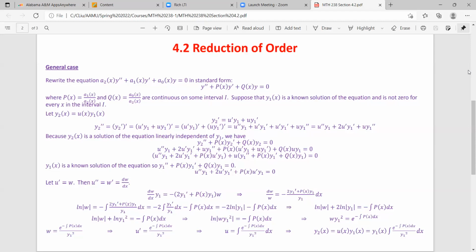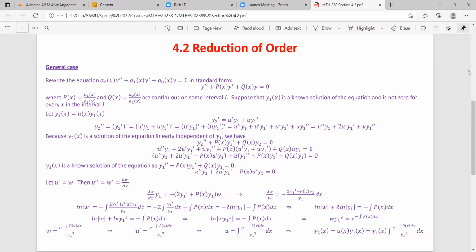And then we just derived the formula for it. The whole thing just involves a bunch of integrals.